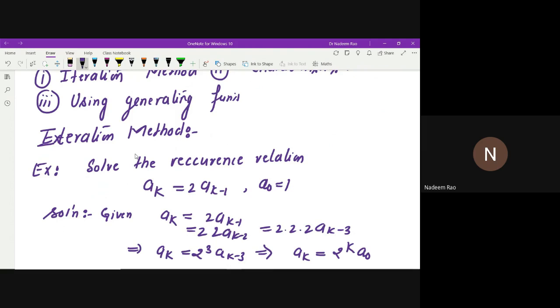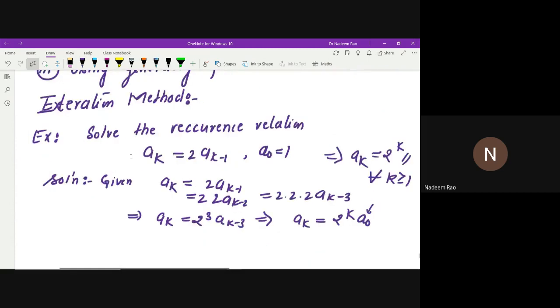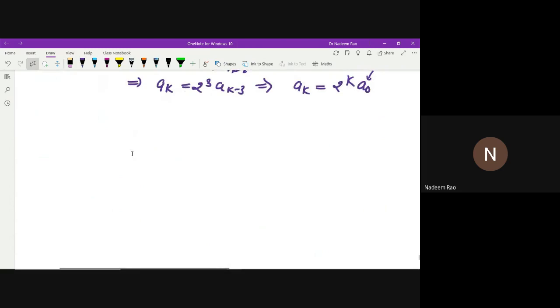And what about the value of a_0? a_0 is equal to 1. Then this implies that a_k equals 2 to the power k, which is the solution for all k greater than or equal to 1, which is the solution of the given recurrence relation.